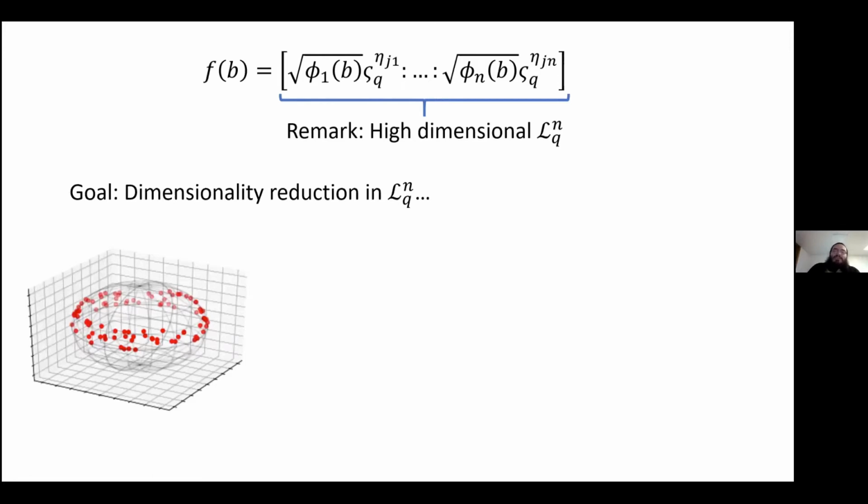Since we're looking at lens spaces as quotients of spheres, the dimensional reduction that we're going to make is inspired by how one would do dimensional reduction in a sphere. So let's imagine that we have a data set on S2, like I show here.